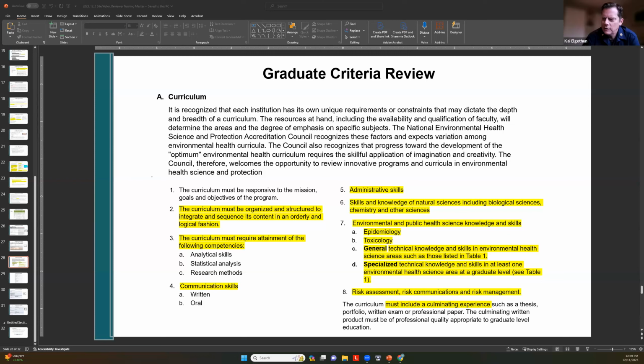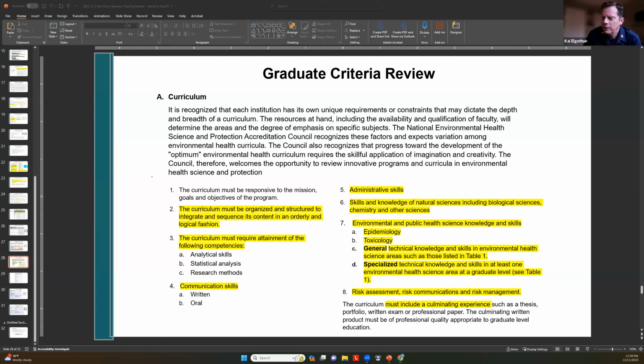No, my understanding is if it can be demonstrated that the prereqs are rigorous enough, then that's okay, as long as they're going to then take some follow-on classes at the graduate level that are going to be applying biological and natural sciences. Gotcha. That makes sense. I think that's fair. I was just curious about that.